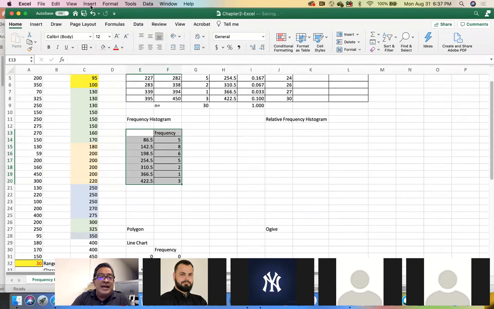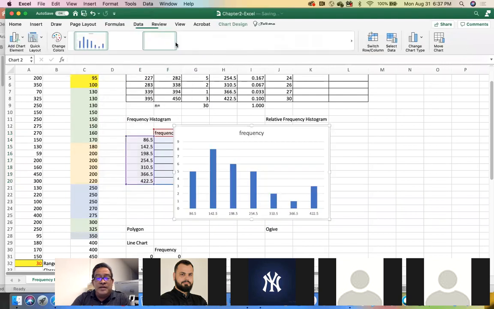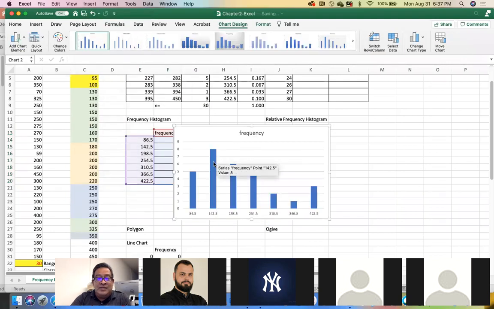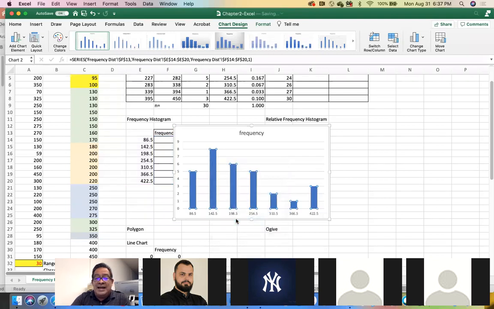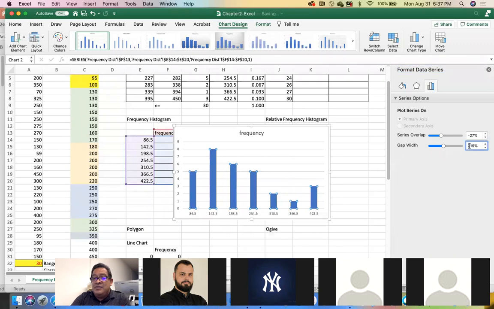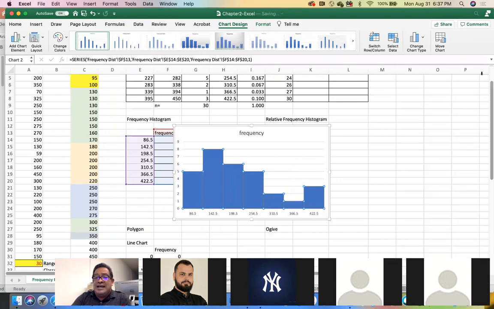So I insert, chart, and column. I right click on my bar, say format data series, and erase the gap. I put a 0 and then return. So that looks more like a histogram.